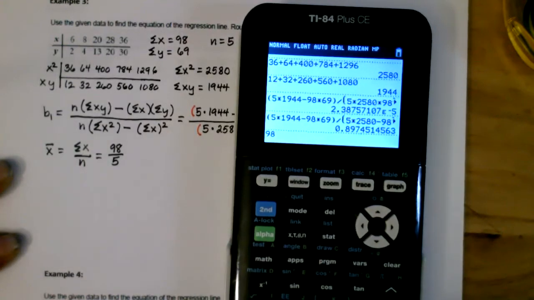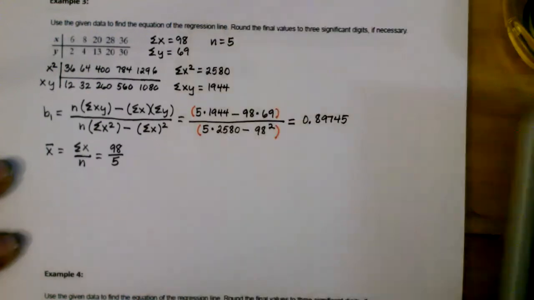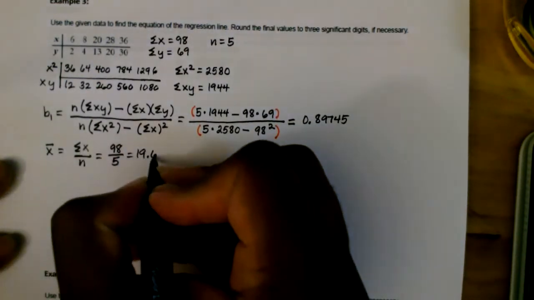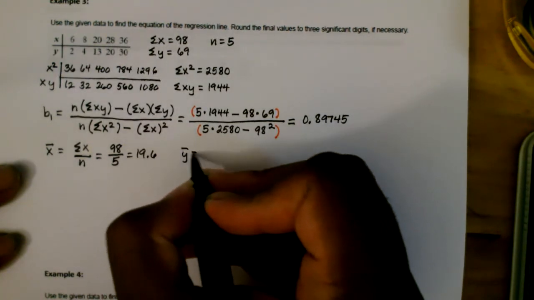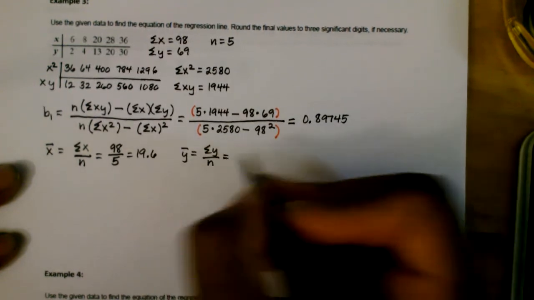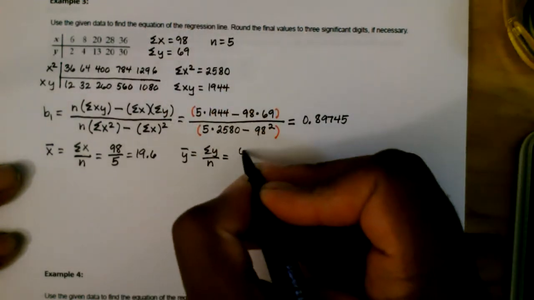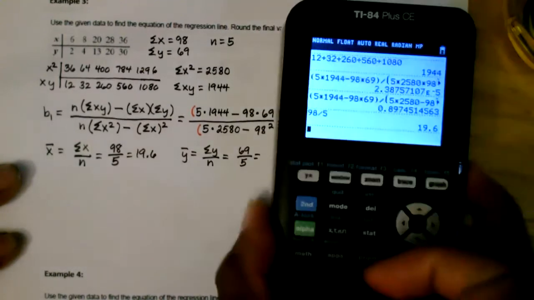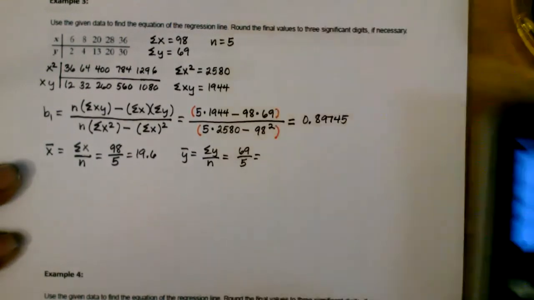So 98 divided by 5, that'd be 19.6. That's what X bar is equal to. And Y bar is the sum of the Y values divided by N. The sum of the Y's was 69. And N was 5. So 69 divided by 5 ends up as 13.8.